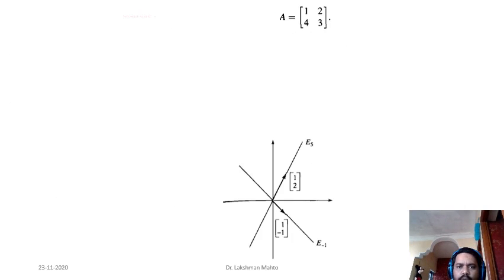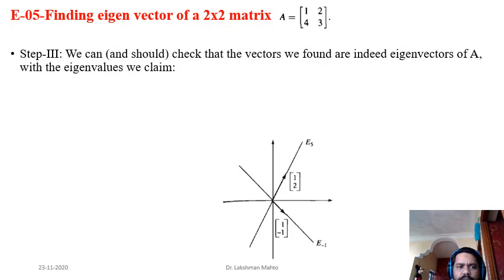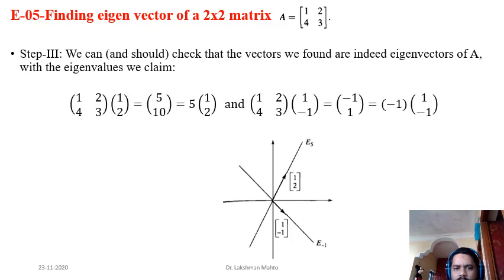Okay, and if you want to see the plot of this, in the last step you have to do the plotting, and this is the plot. You can observe that this one is E lambda 1 or E5, and this one is E-1 or E lambda 2. And you can easily observe that the basis element (1, 2) satisfies this equation.